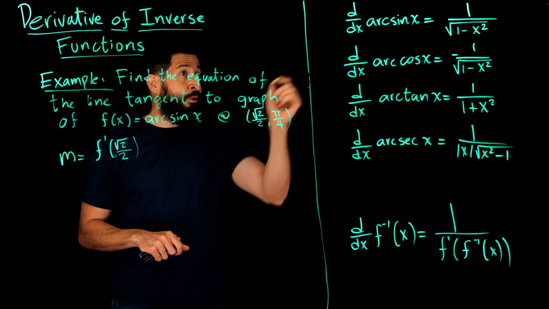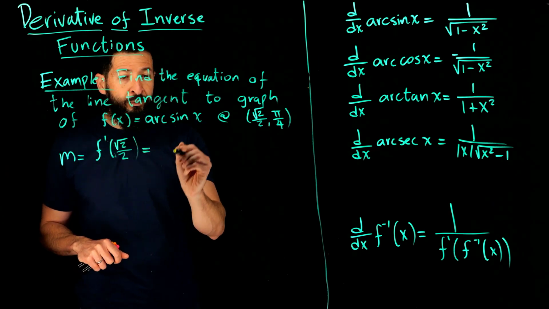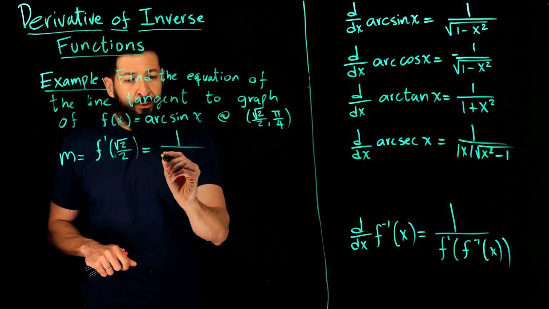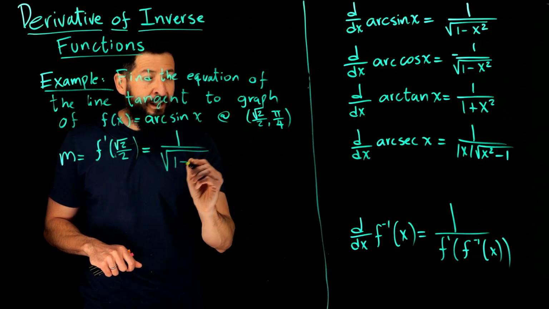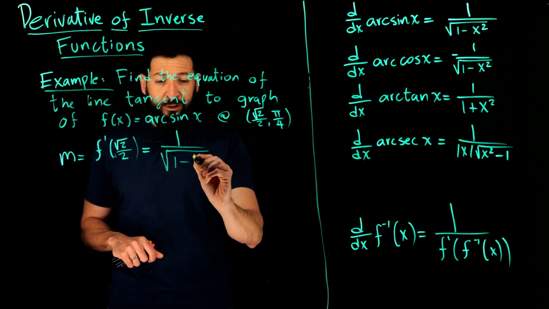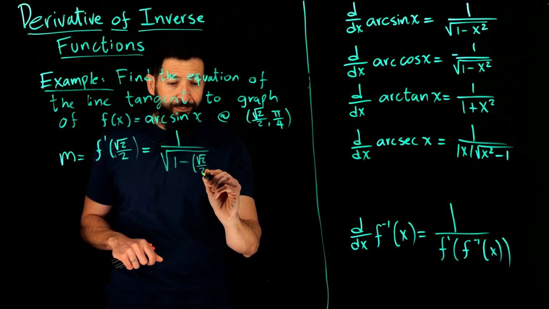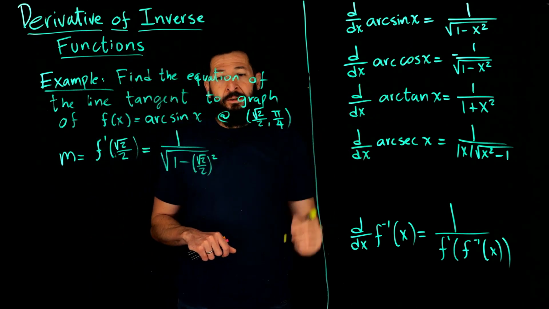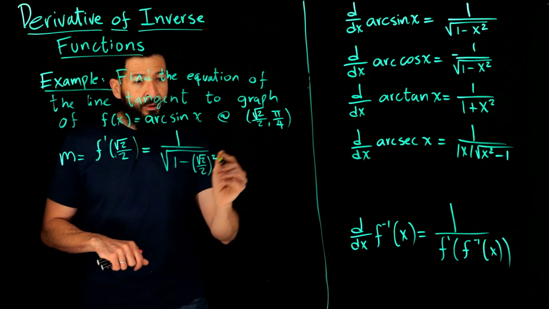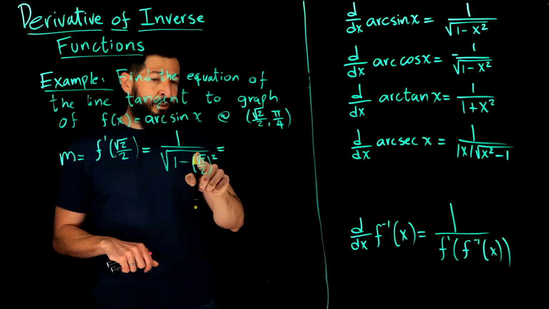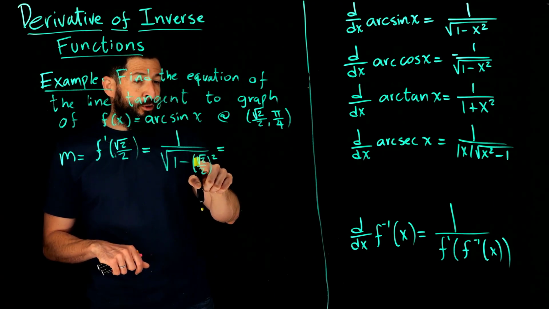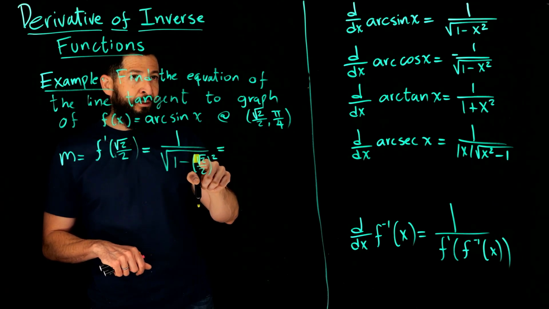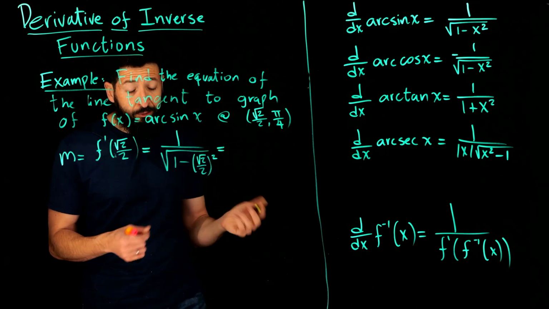All right, so we compute our derivative, which is going to be 1 over the square root of 1 minus x squared, where x is square root of 2 over 2. That is the derivative of the arc sine evaluated at square root of 2 over 2, which in this case, when you square it, becomes a 1/2, because this is the rationalization of 1 over square root of 2.